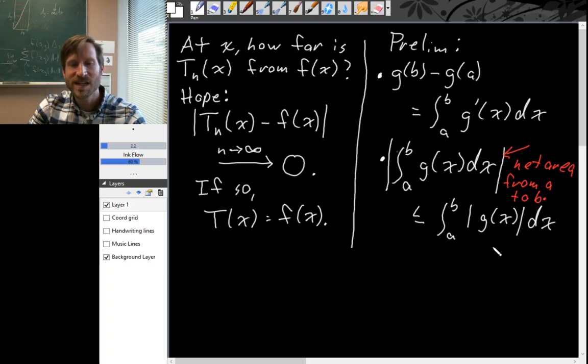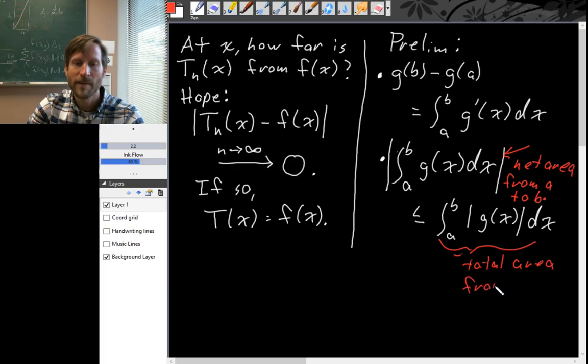But if you look at the integral on the right-hand side of the inequality, this isn't the net area. Because of the absolute value inside, all area in this integral counts as positive. So this is the total area under the graph of g of x from a to b.